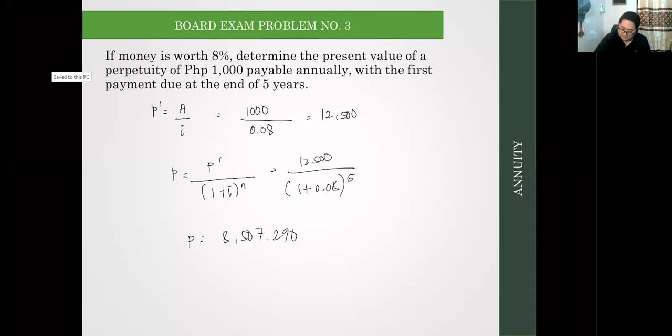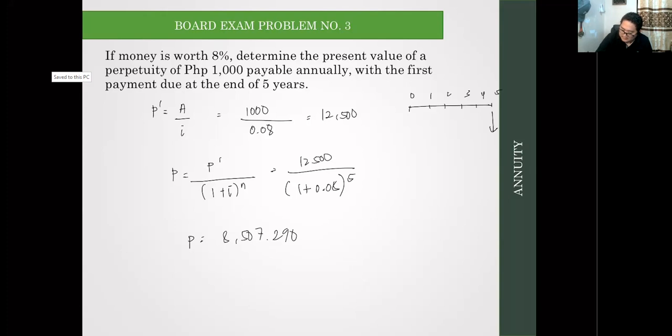What is the present value of the perpetuity, the first payment at the end of 5 years. So, ilagay tayong cash flow. 1, 2, 3, 4, 5. Dito pa lang siya mag-start ng payment.